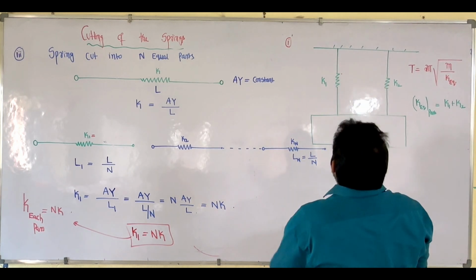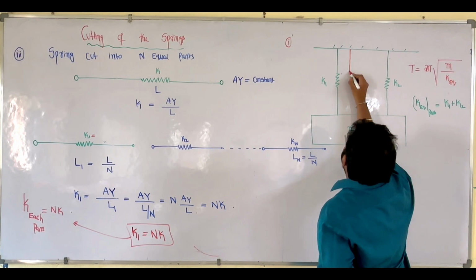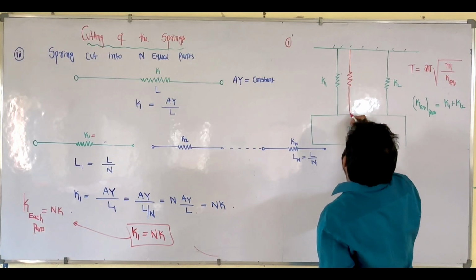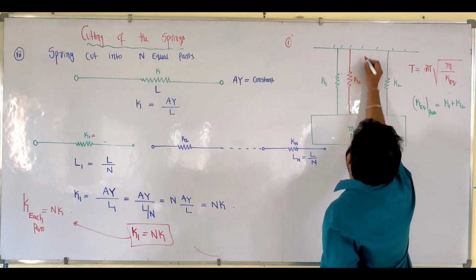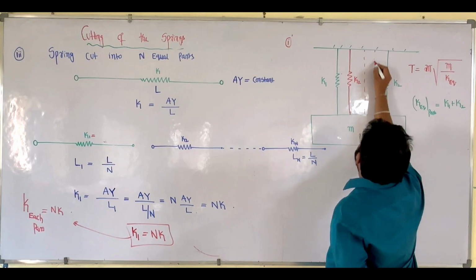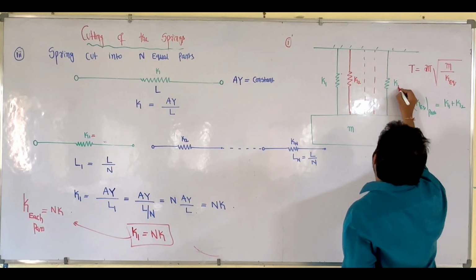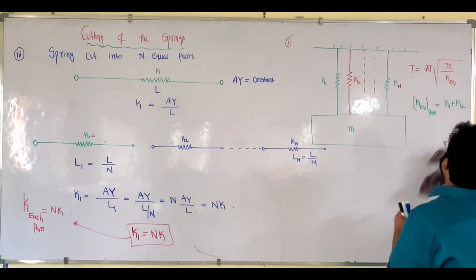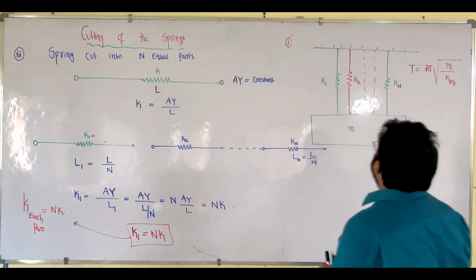All are connected in parallel. This is K2, then some other parts in between, and this is Kn. Understood?